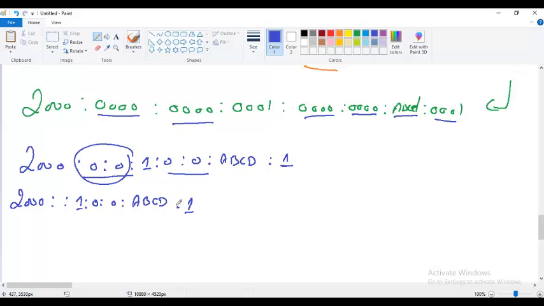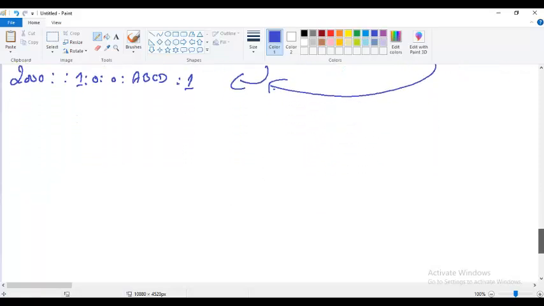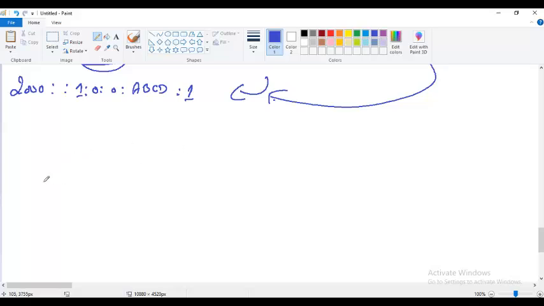Easy. Now let us talk about subnetting. Subnetting is also very easy. Let's say 2000 colon 0040 colon 0091 is given. This is your network given to you.